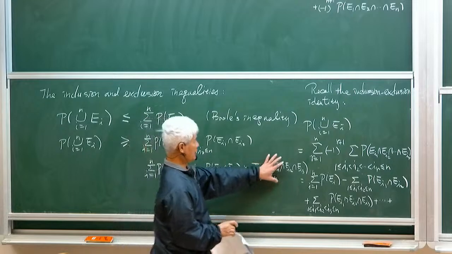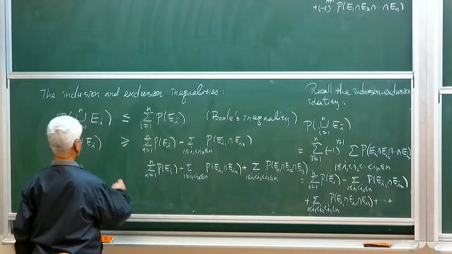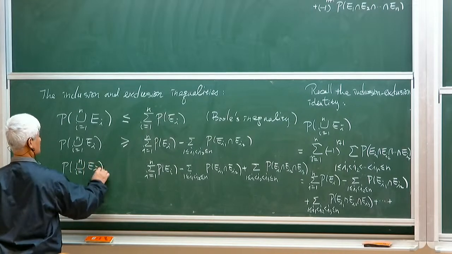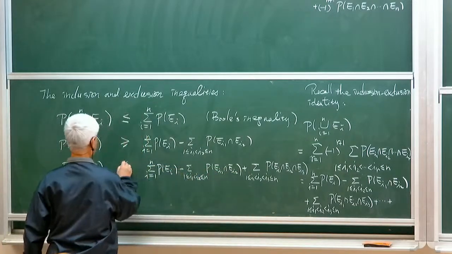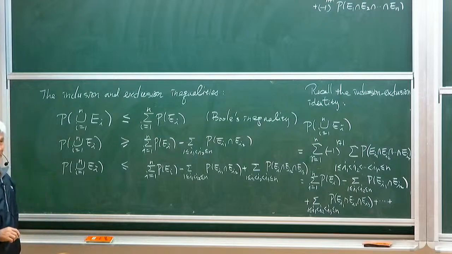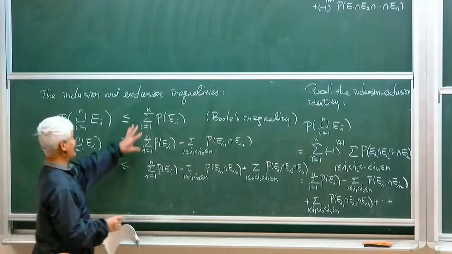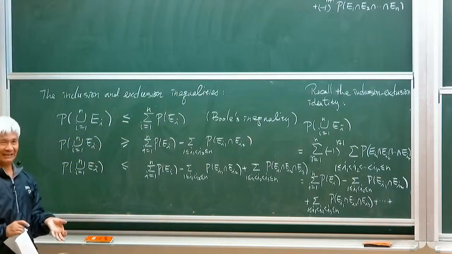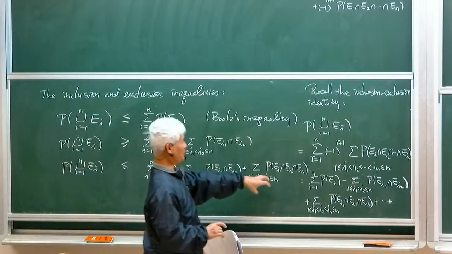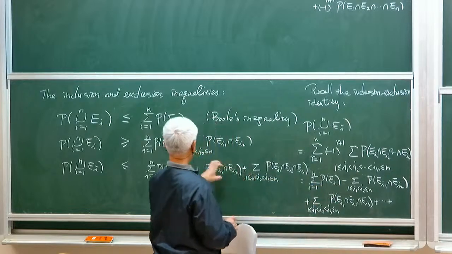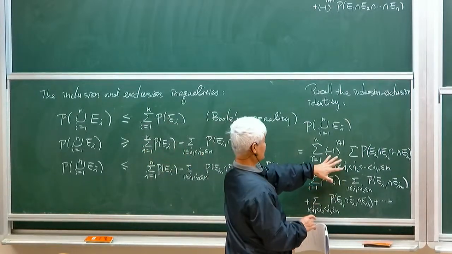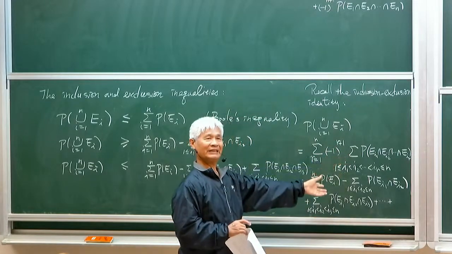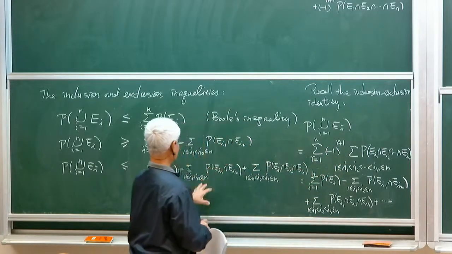So if we include the third term, then this becomes too big, so it becomes an upper bound again. So you can see we are alternating the direction of the inequality when we include more and more summations. But of course we are abiding by the inclusion-exclusion formulation here.